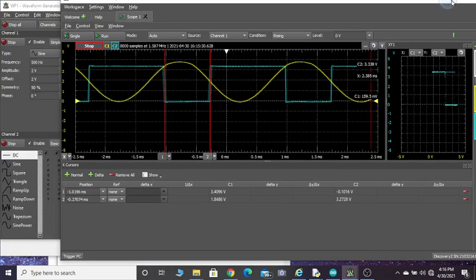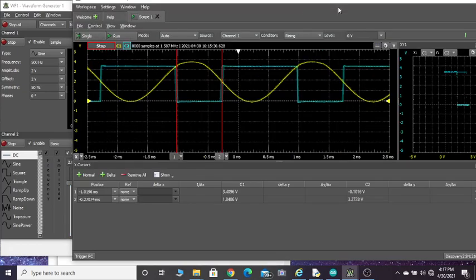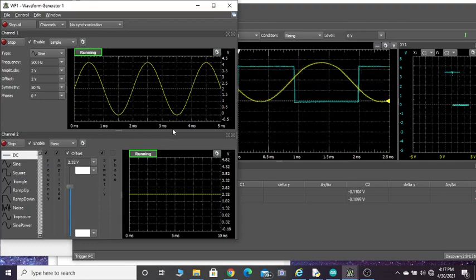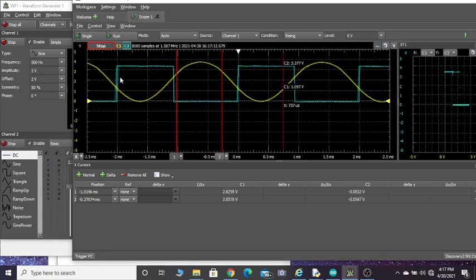Suppose you change this control voltage to a lesser value, you can see this will come down. You can see the same thing is reflected here. It's almost 2.8 volts here. Let me further reduce it to maybe around 2.3. I can stop it here and place this over here.